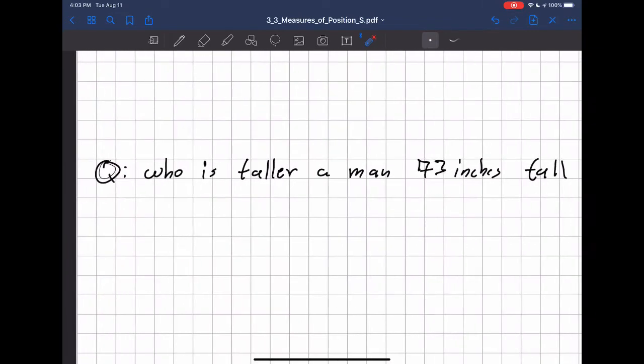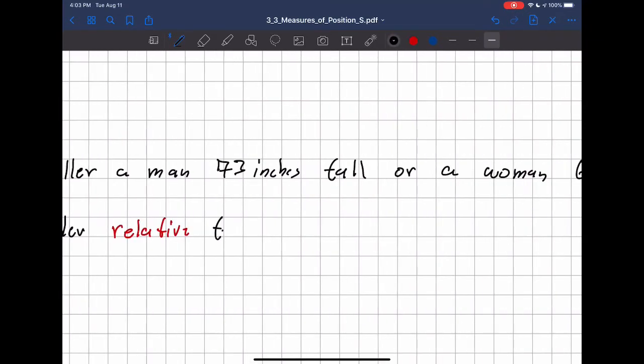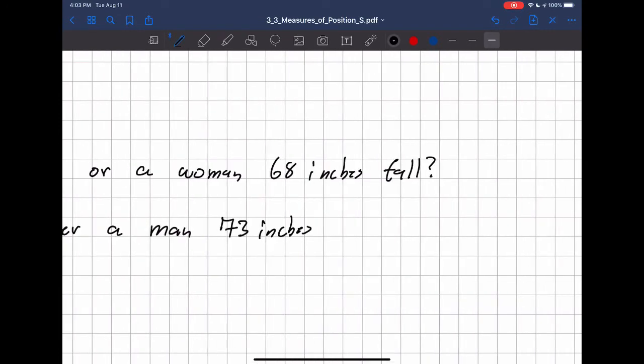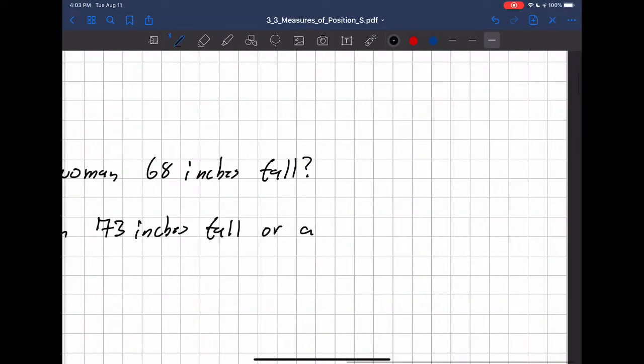So we have to ask ourselves a new question: who is taller relative to their gender? This is a more interesting question because we can't just look at who has the most inches. We have to consider that men, on average, are taller than women.